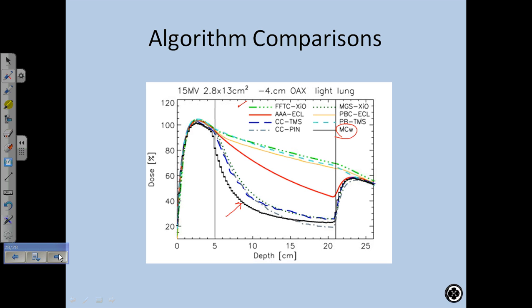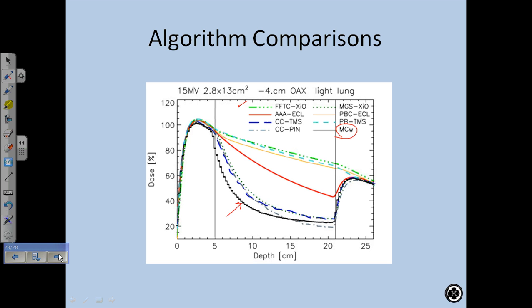And FFT, why is that bad? Remember what I said about convolution and spatial invariance. When you have heterogeneity, the convolution algorithm breaks down, because your kernel changes as your photons hit the surface. You've got a certain kernel, certain scattering properties, and that doesn't change much.